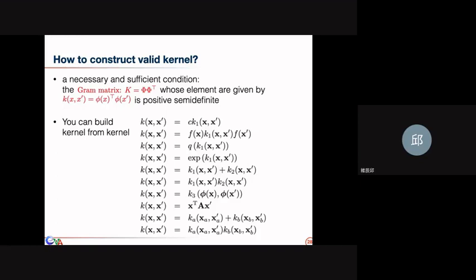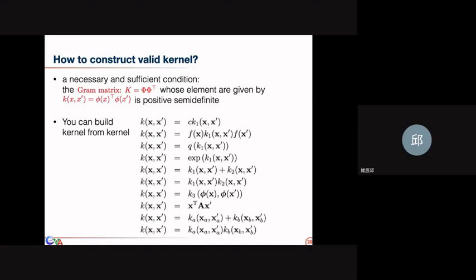For example, if you have K1, a kernel function which you have known, then you can simply do a scale. A scale of a valid kernel is still a valid kernel. The exponential of a valid kernel is still a valid kernel.